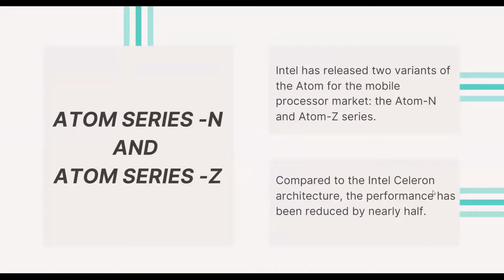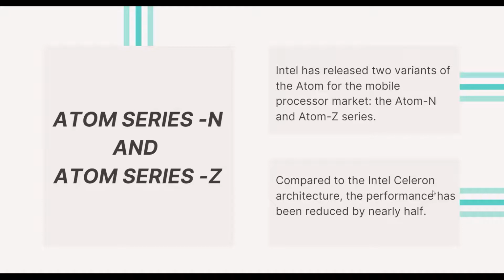While the Atom Zeta was designed to cater to the low-cost desktop and notebook market, the Atom M is targeted at MIDs. Compared to the Intel Celeron architecture, the performance has been reduced by nearly a half. Yes, this is too much.